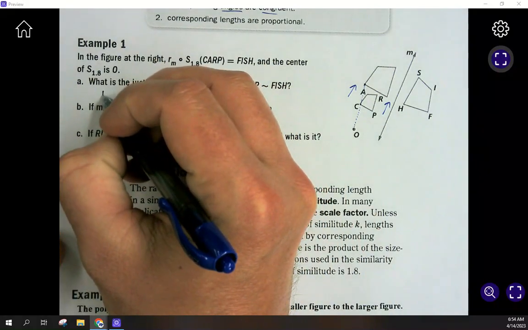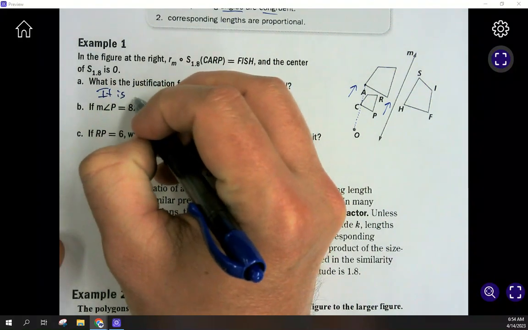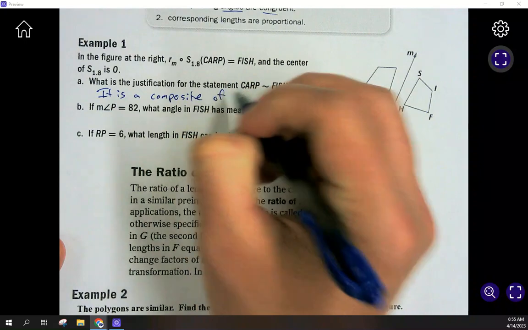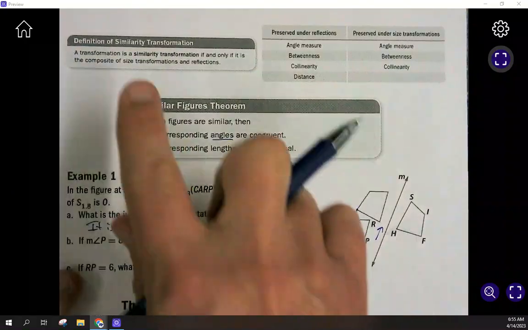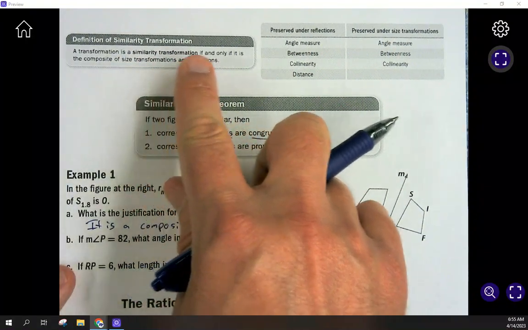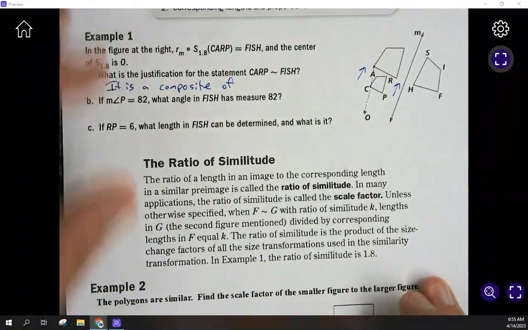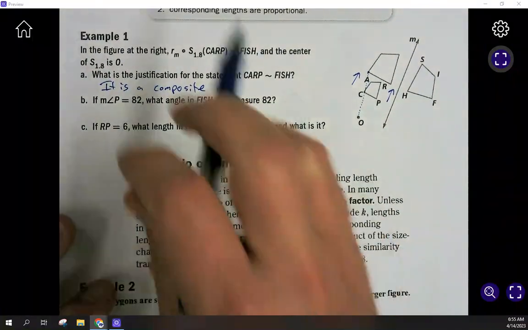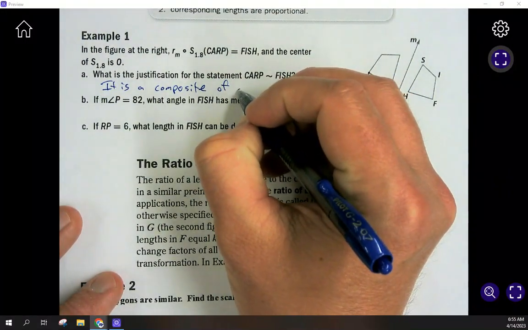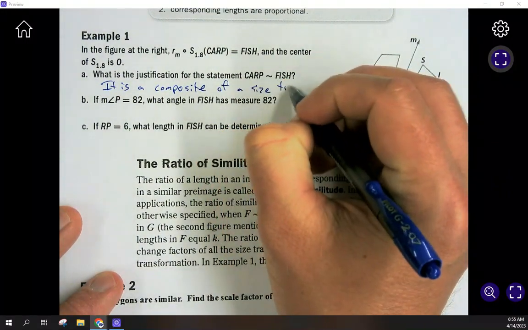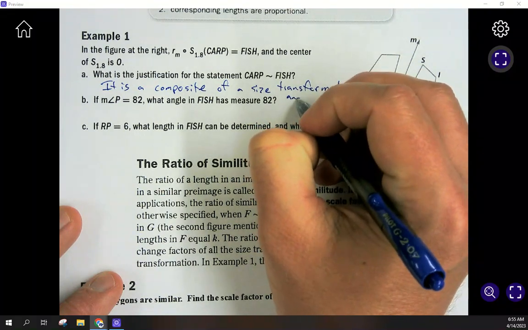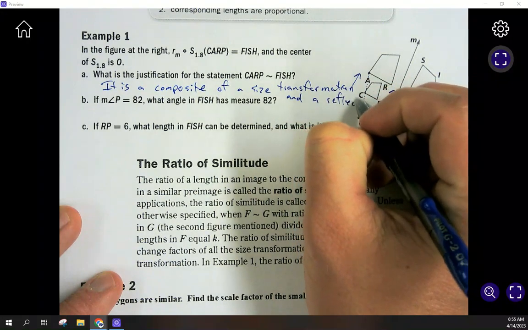And you say it is a composite, which means there was more than one. Remember back to the definitions here: if things are similar, they must have only undergone size transformations or reflections. And remember, rotations and translations are actually composites of reflections, so those would count as well. So this is a composite of a size transformation and a reflection.